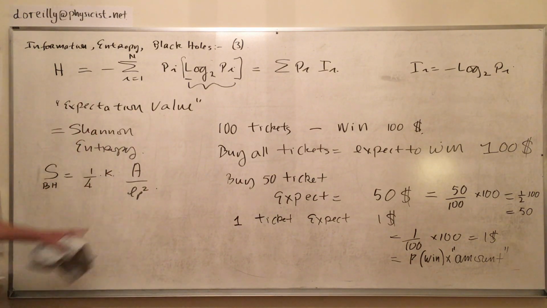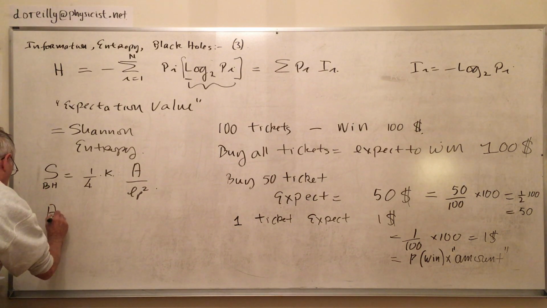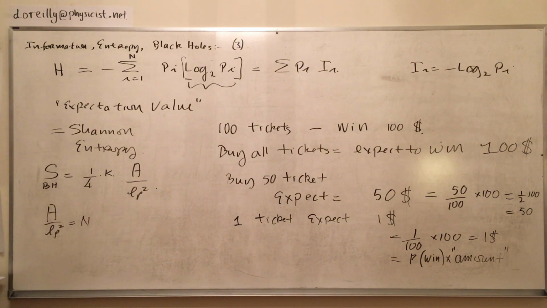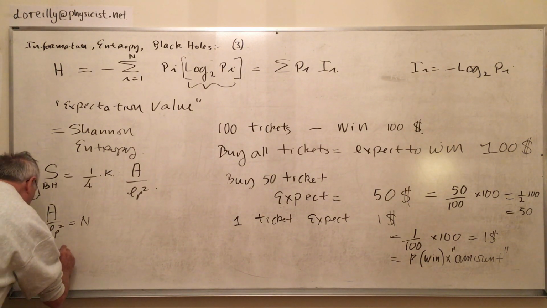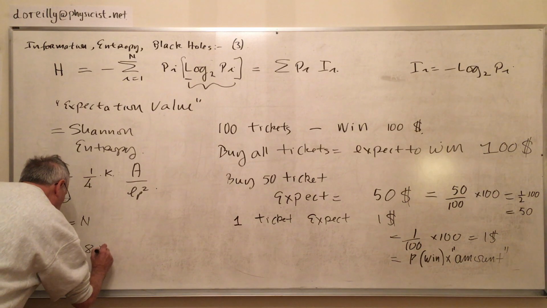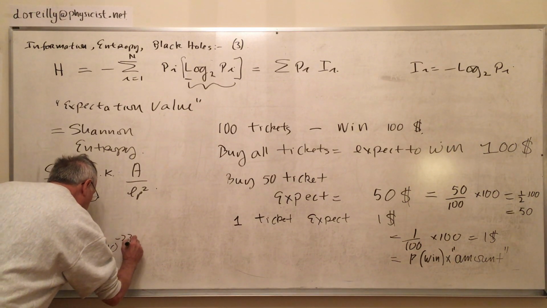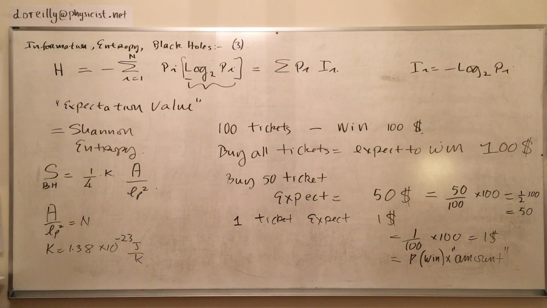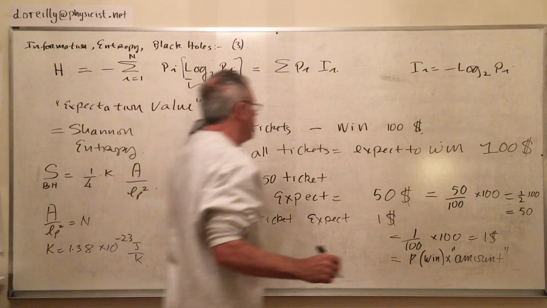Now A over L_P squared we said was an N. Some very large number in the case of a black hole, also in the universe. And k, of course, is Boltzmann's constant. Let's get rid of this.